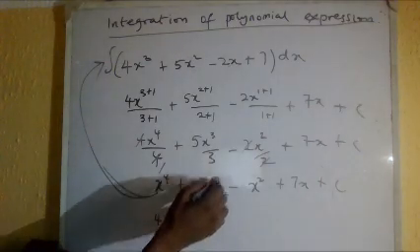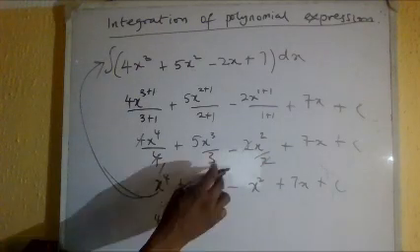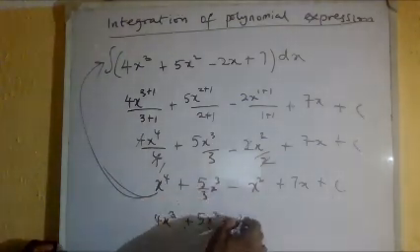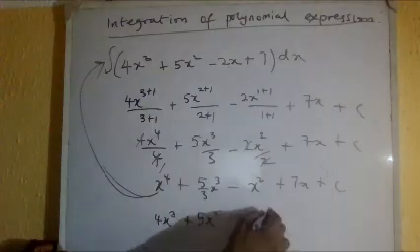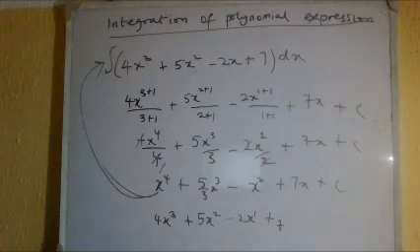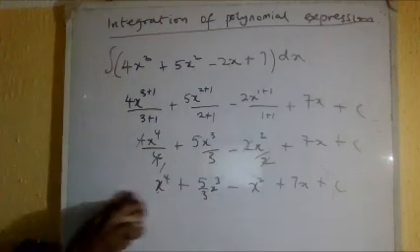I have 5x squared, then minus, this one will reduce by 1. Then this one will come down and become the coefficient of x. Then the power reduced by 1. This one will disappear. So basically, I've gotten this one back by differentiation. But for integration, this is the answer that we have here for this polynomial expression. All right.